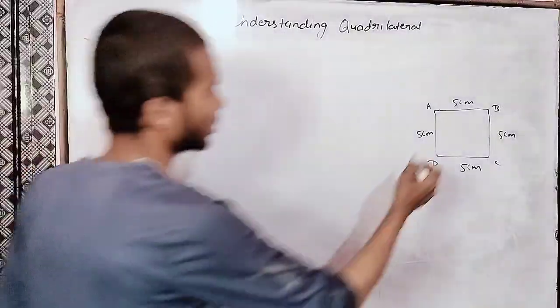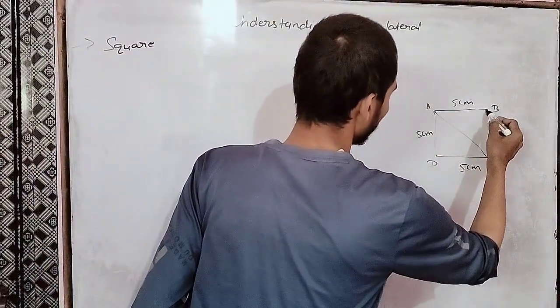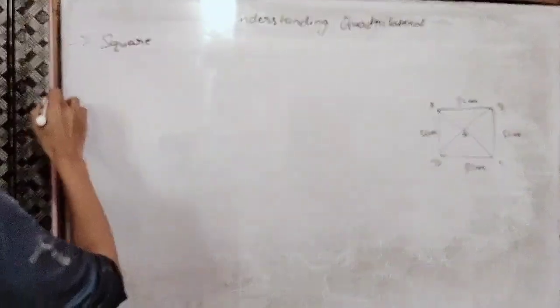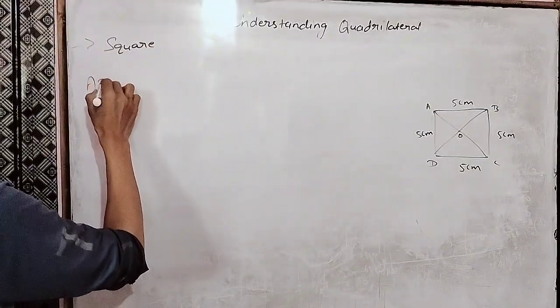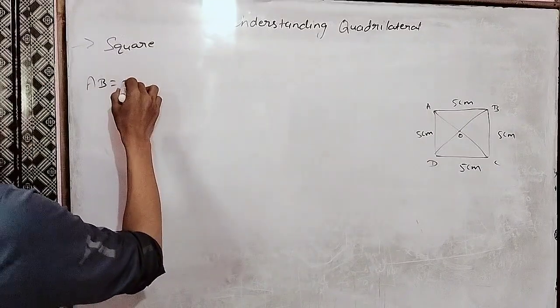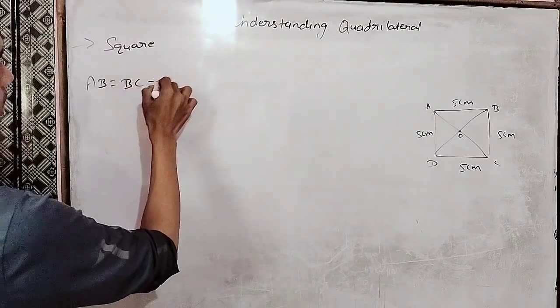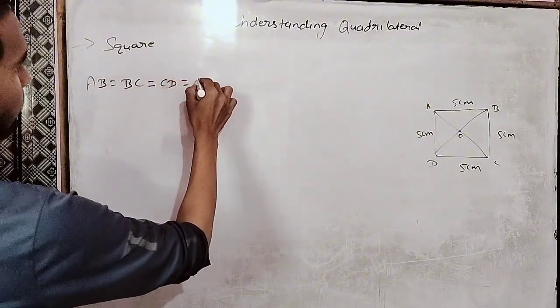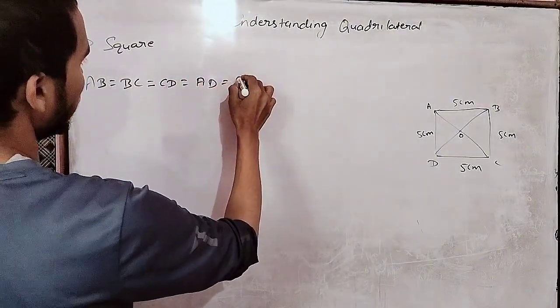So here we also have two diagonals which intersect at O. The value of AB, the value of BC, the value of CD and the value of AD are equal.